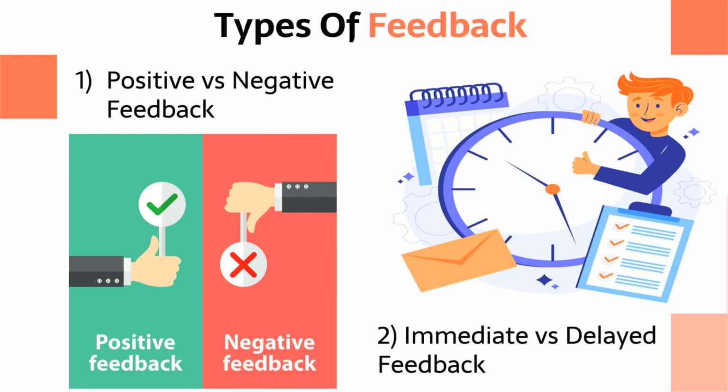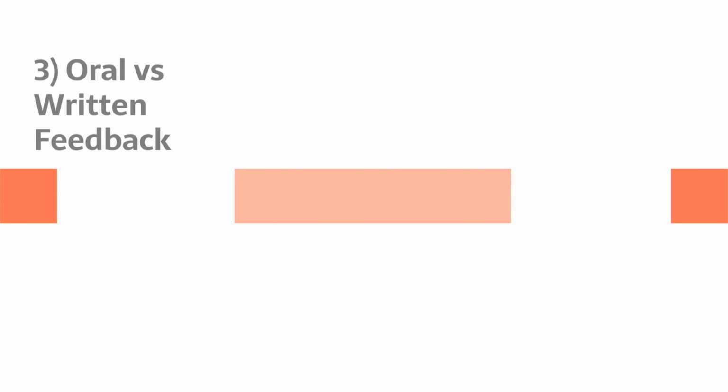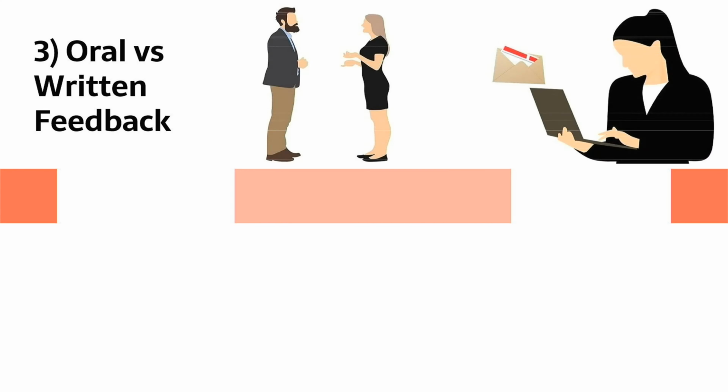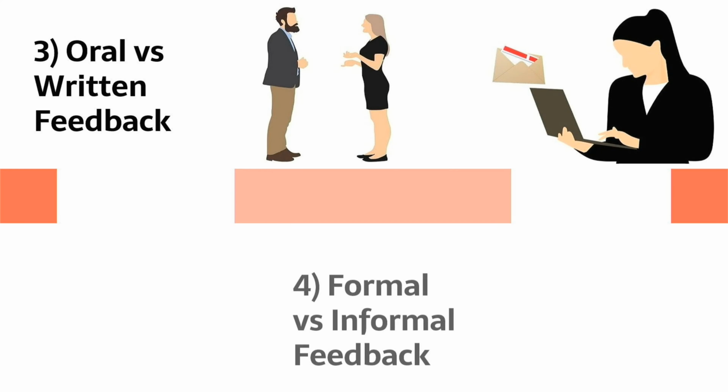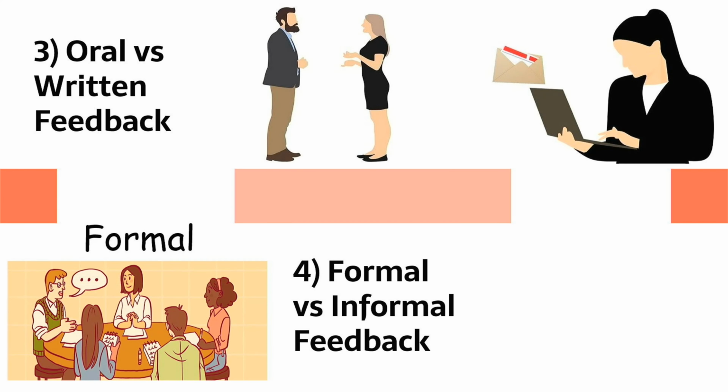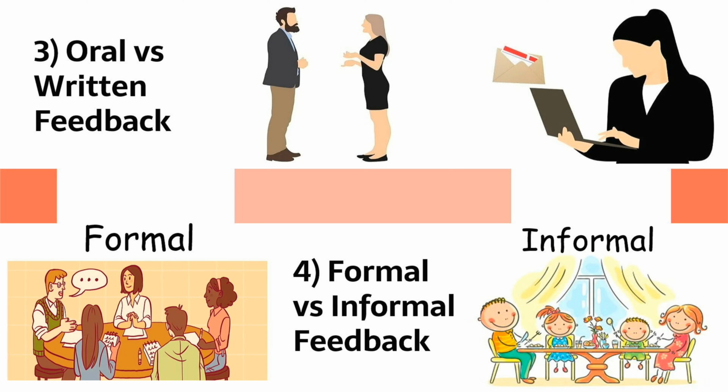Another type of feedback which we all regularly do is oral versus written. Oral feedback is meant for comfortable, mainly verbal communication. When we say written feedback, we have many different ways to get that feedback. Another one is formal versus informal feedback.